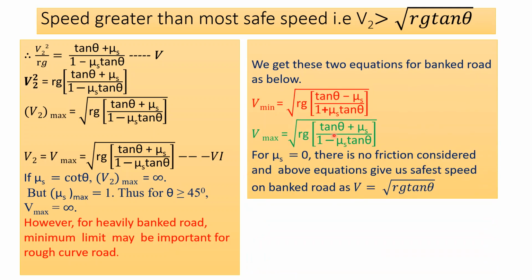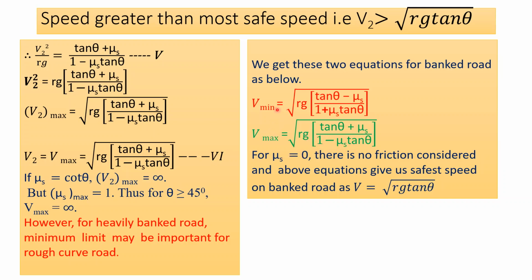So, we get the two equations for the banked road on a rough curved surface as v minimum is equal to square root of Rg into the bracket tan theta minus mu s upon 1 plus mu s tan theta, whereas v maximum is equal to square root of Rg into the bracket tan theta plus mu s upon 1 minus mu s tan theta.